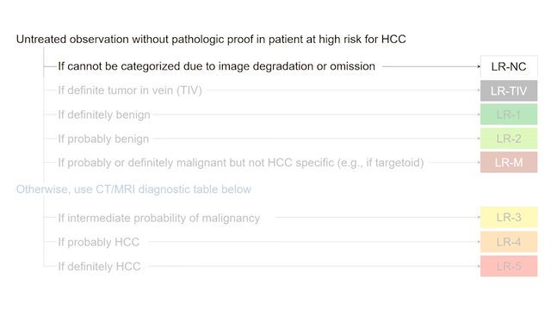So once we are sure that we're dealing with an appropriate patient population, we can go down the decision tree. The first node in the decision tree: if the lesion cannot be categorized due to image degradation or omission, the category is LR-NC, non-categorizable. To understand what LR-NC is, we have to touch upon the required phases in LI-RADS.